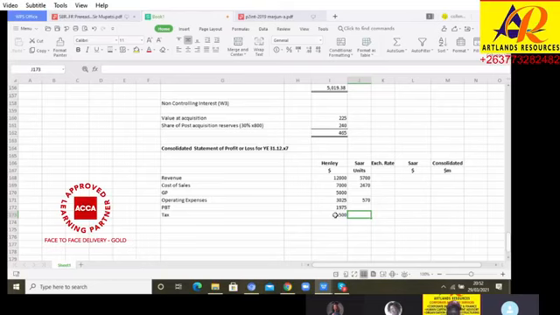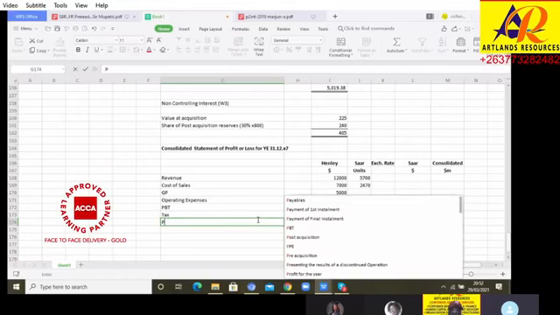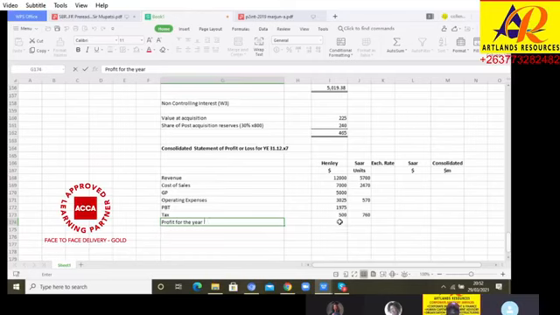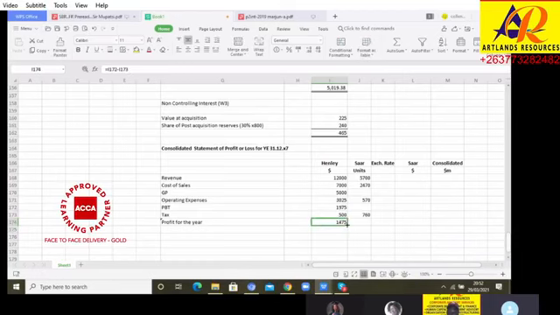Right. Then profit for the year becomes, let me put the formula, equals profit before tax minus tax. Let me just drag the other figures. All right. So there you go. So this is profit for the year.